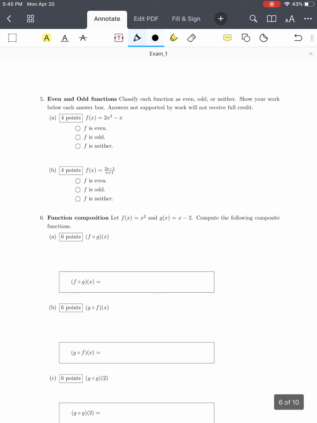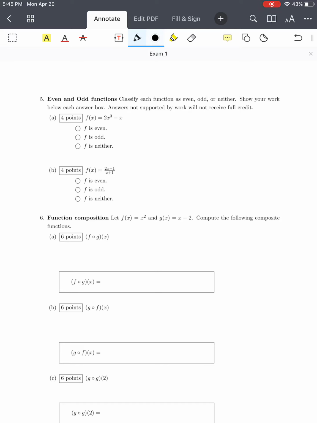Okay, so now even and odd functions, we want to classify whether these are even, odd, or neither. So for part A, we can do it just by looking at it. If it's a polynomial and all of the exponents are odd, then the function is odd. If all the exponents are even, then the function is even.